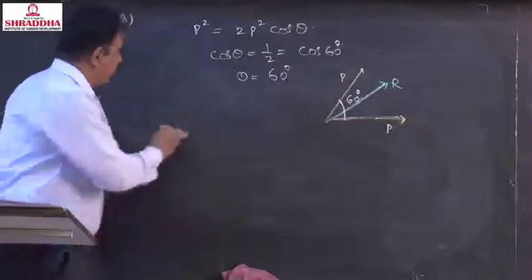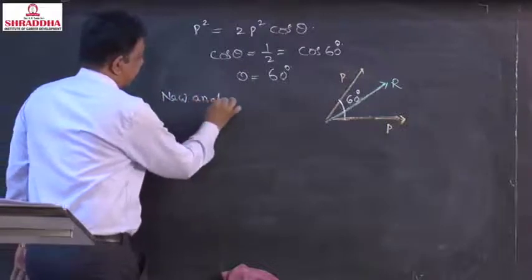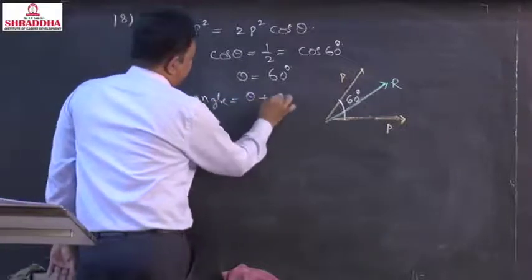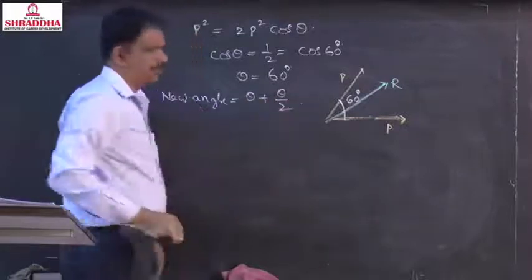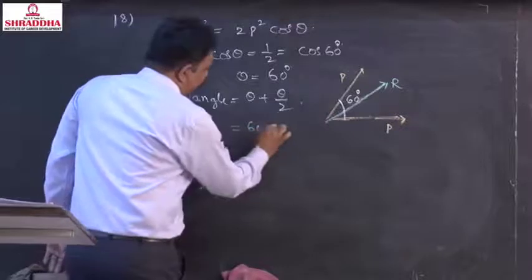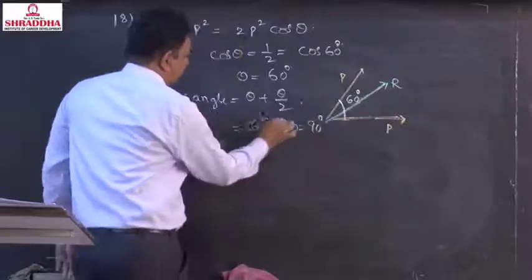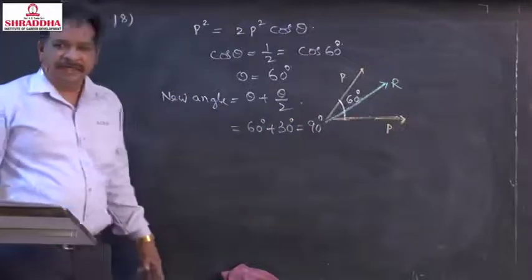Now what they did, the angle between them increased by half of its initial value. Means the new angle becomes theta plus theta by 2. Theta is 60. Theta by 2 means 30. So totally the angle becomes 90 degrees now.